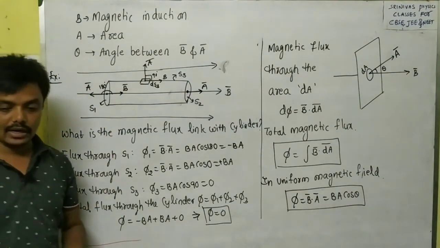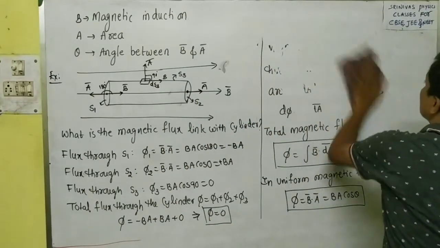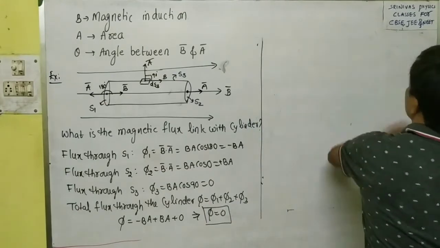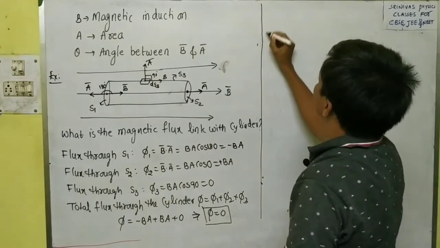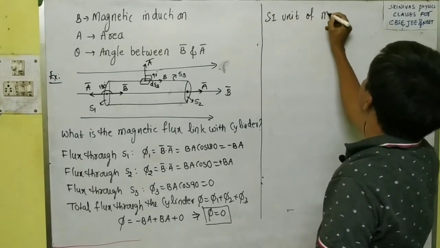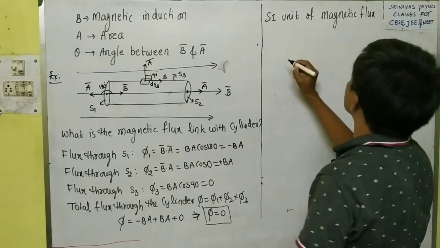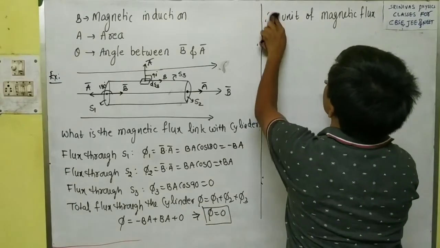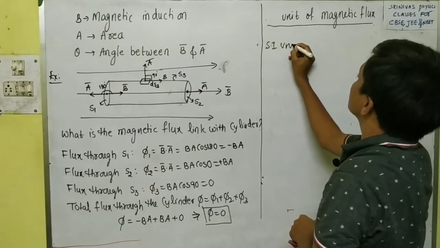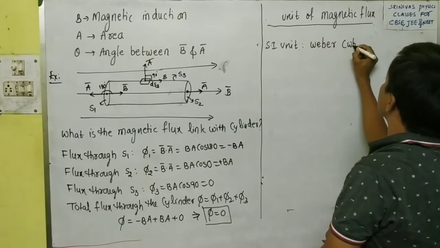Let us see one more point related to this. What are the units of the magnetic flux? The SI unit of magnetic flux is Weber, that is Wb.